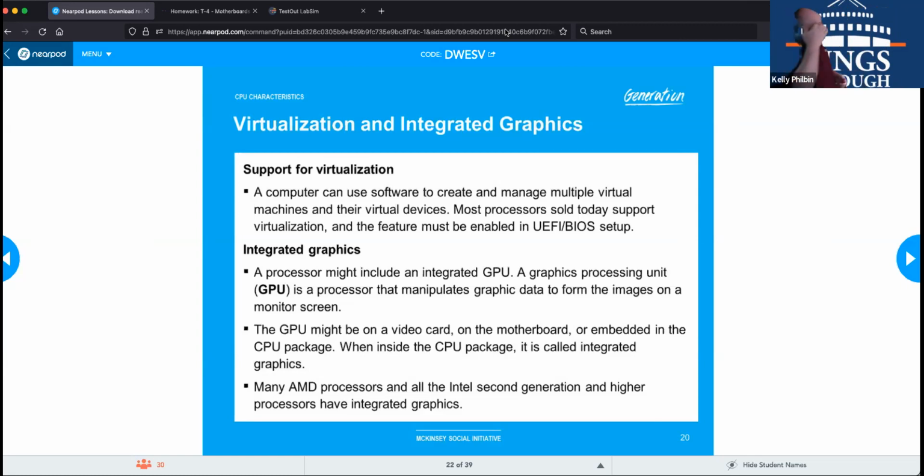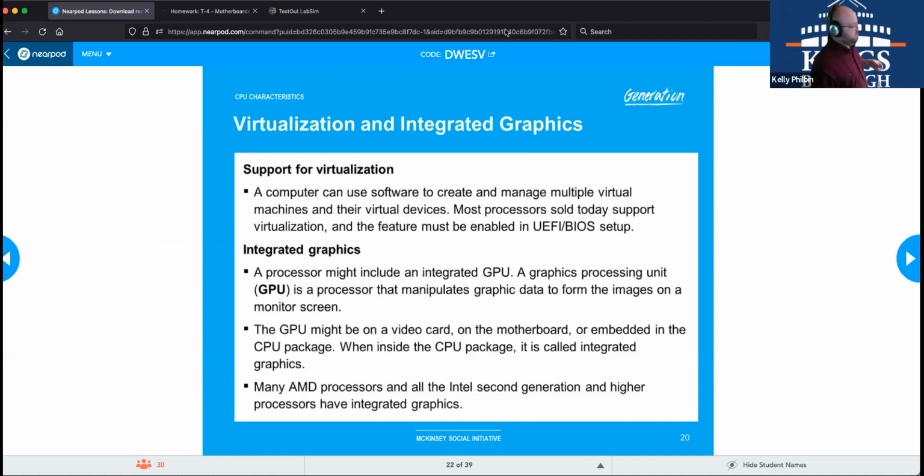Integrated graphics. Many processors may include what is called an integrated GPU, or graphics processing unit, as opposed to the central processing unit. You will also hear the term GPU, which is a processor that manipulates graphics data to form the images on your monitor or screen. So what you are seeing when you hear my lectures is processed by your GPU so that you're able to see it in a form that makes sense to you.